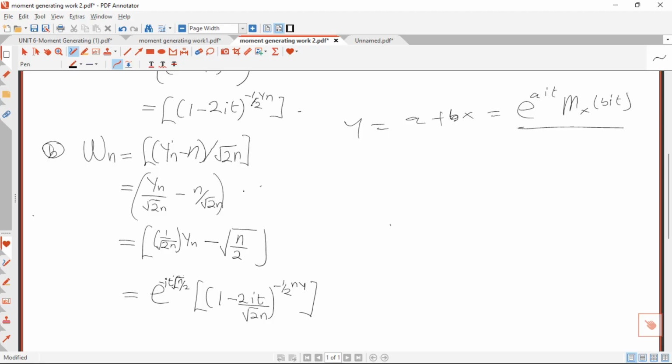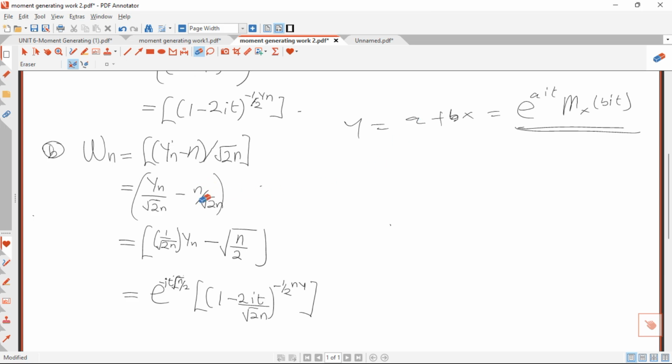So let's just break it down for us to get something similar like this. Here we are going to have Y sub n minus n all divided by square root of 2n. So we can also write it in the form of Y sub n divided by square root of 2n minus n divided by square root of 2n. And this is the same thing in this form. Just like for this part, our constant a here is positive.